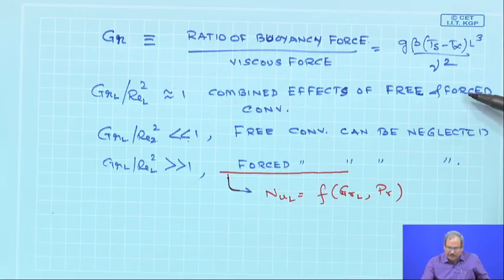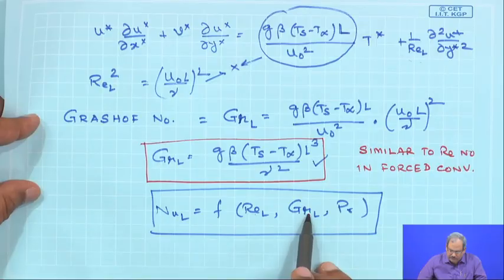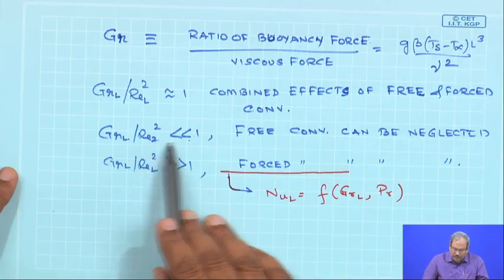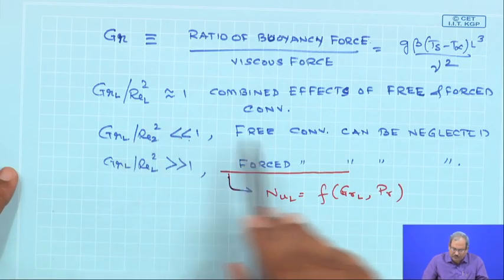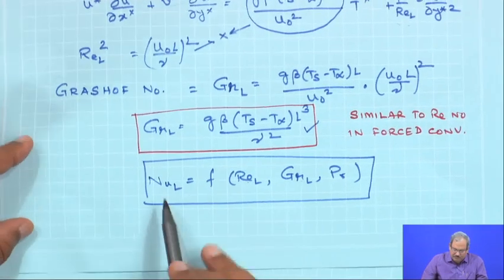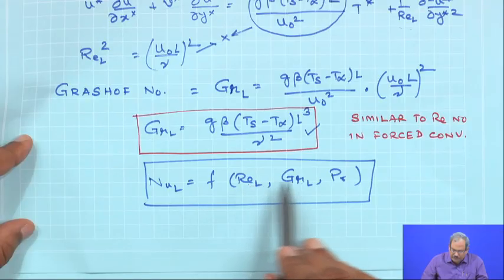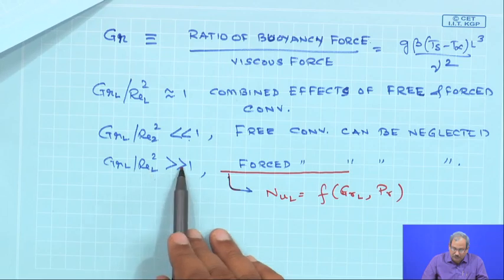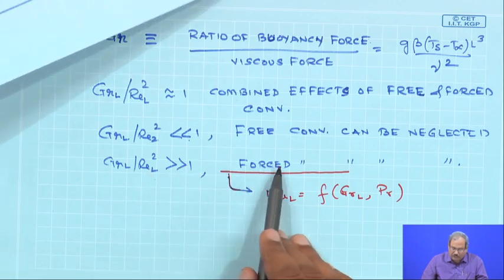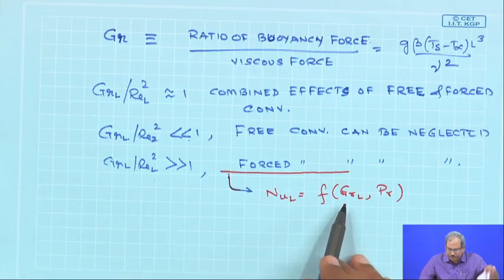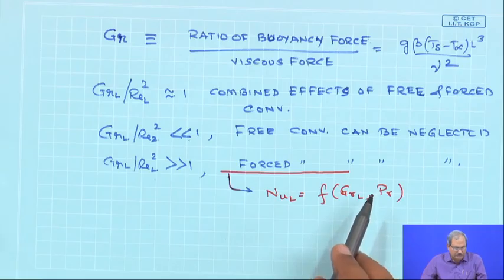If both are present, the functional form is going to be Reynolds, Grashof and Prandtl. If this ratio is less than 1, the free convection effect can be neglected, and the Nusselt number is a function of Reynolds number and Prandtl number. And if the Grashof number by Reynolds number square is way larger than 1, then the forced convection effects can be neglected, and your Nusselt number is simply going to be a function of Grashof number and Prandtl number.